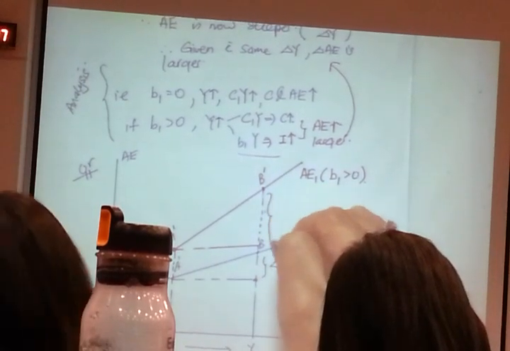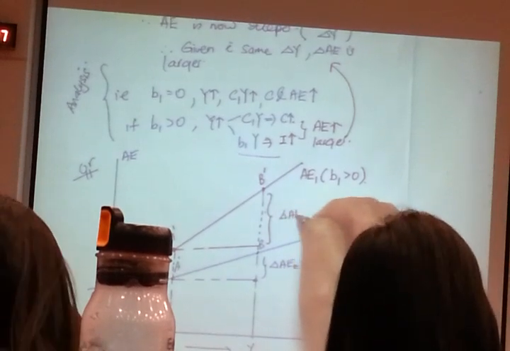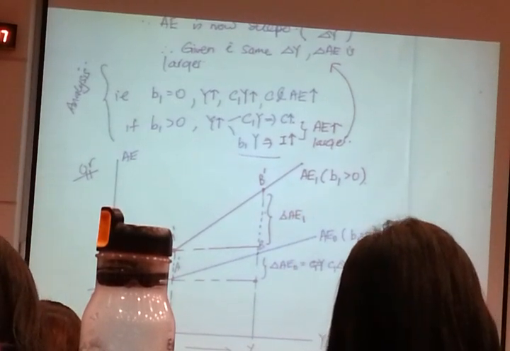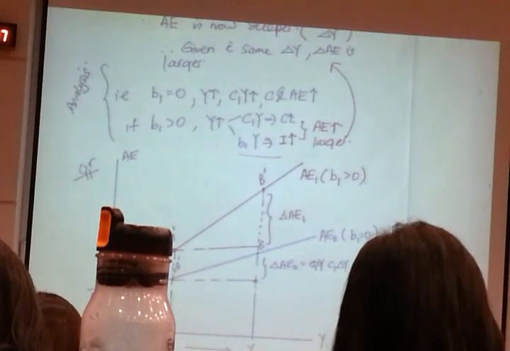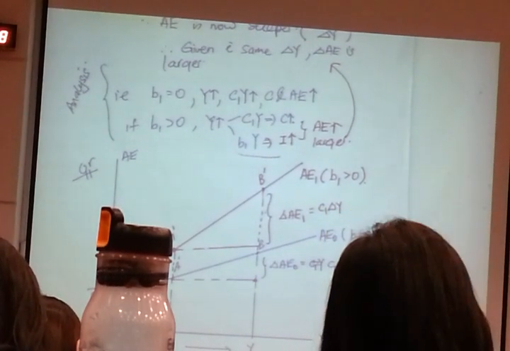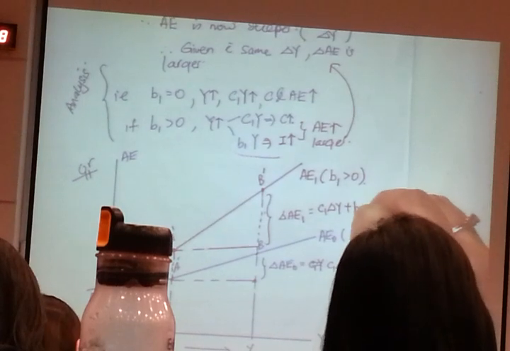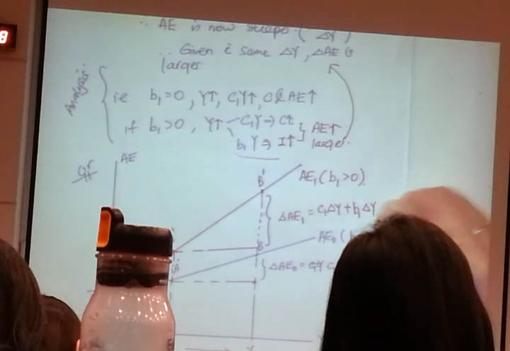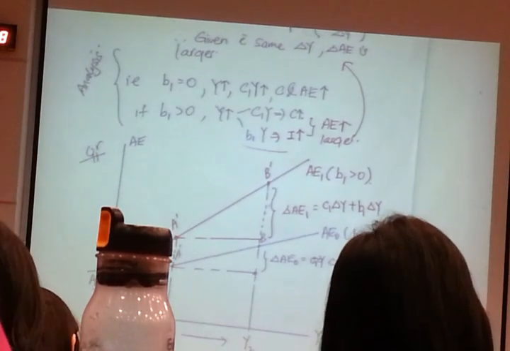This amount is the change in AE1. What triggered this change was C1 change in Y, household behavior, and the firm's behavior, B1 change in Y. So this is the graphical method.